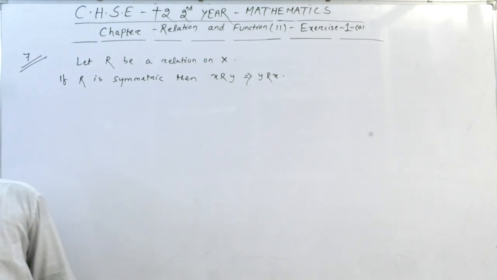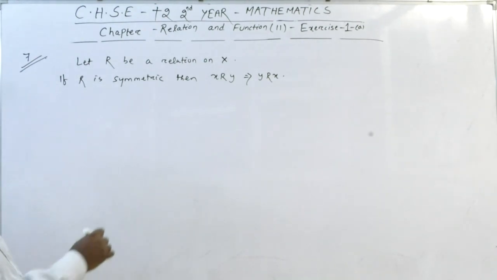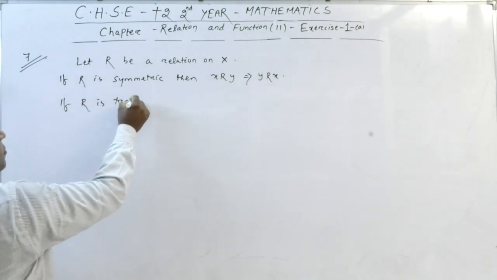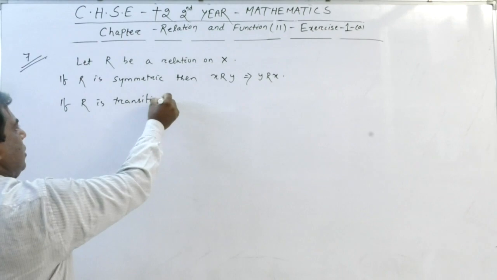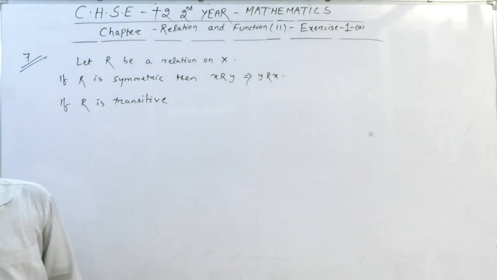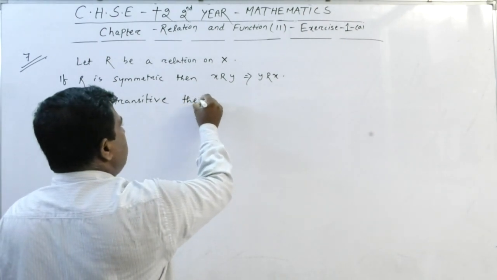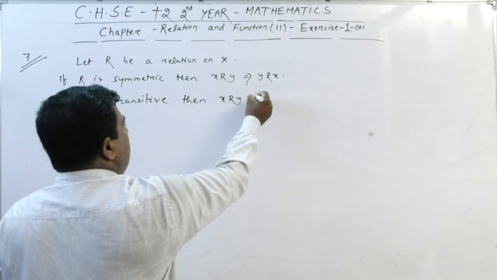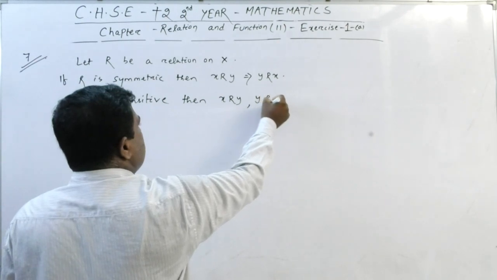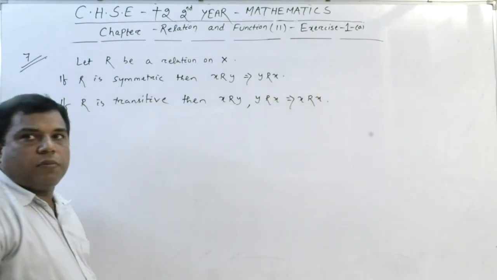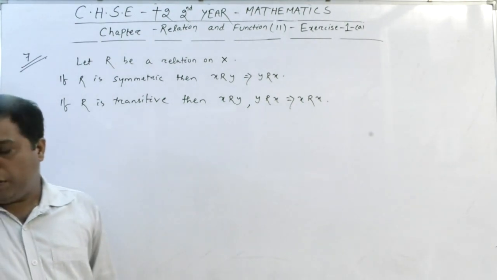Next it is given, if R is transitive, then x related to y and y related to x implies x is related to x. Okay, so this is given.